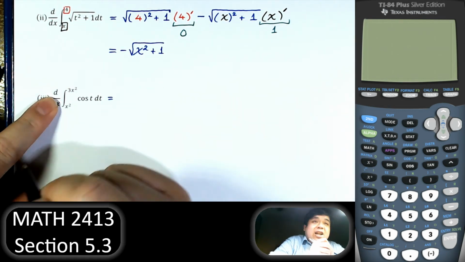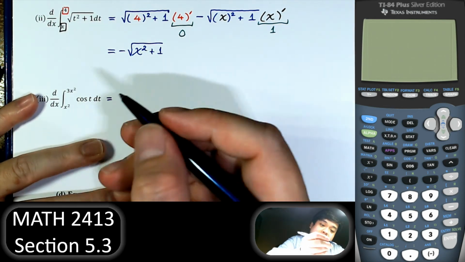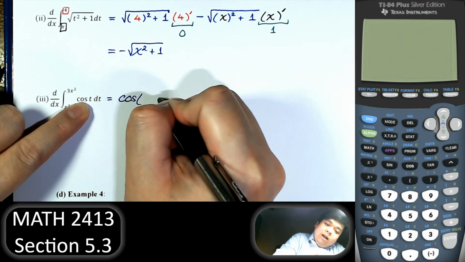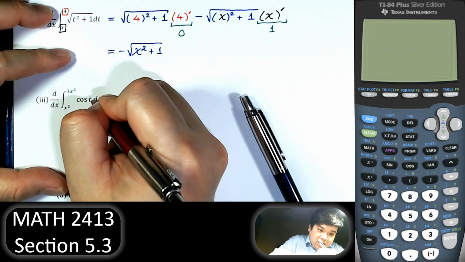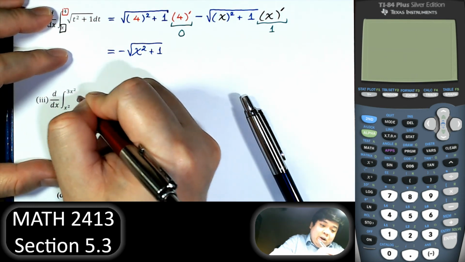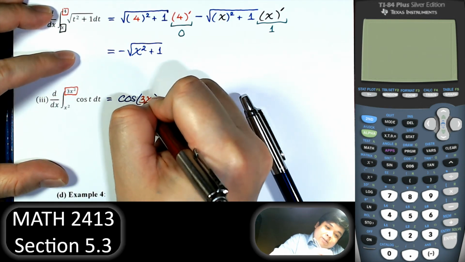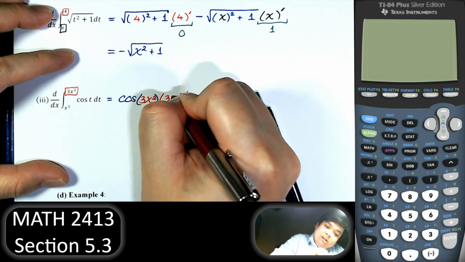Next, now we have both the limits as functions, right? So first, replace the variable by the limit. The variable is t. When we have t dt here, the variable is t. Replace that with the limit, and then multiply by the derivative of the limit.